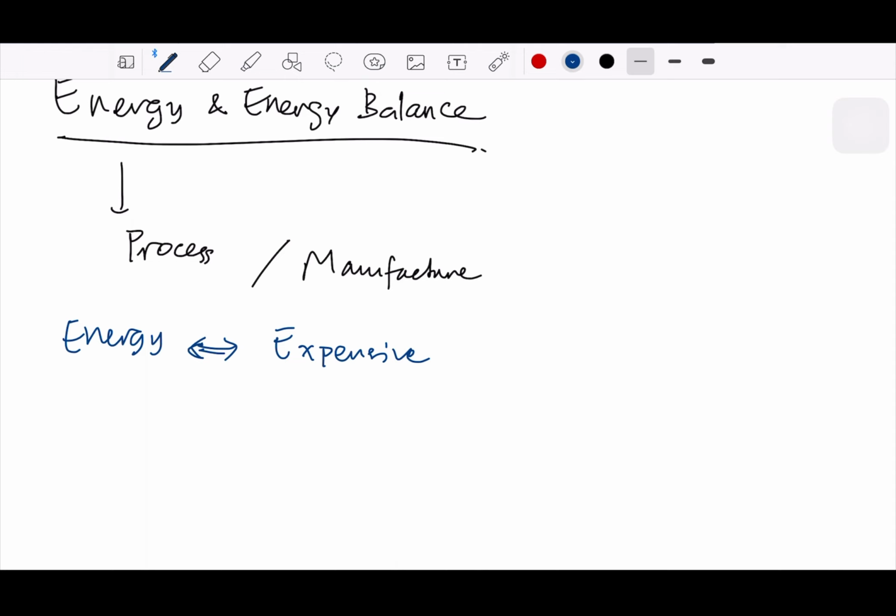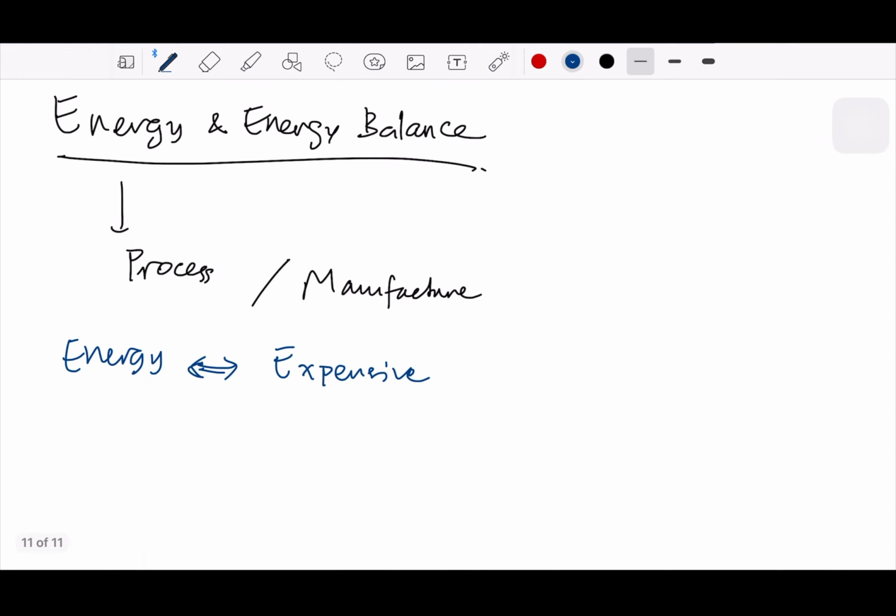And the idea for our talks here is, if we take the stance that energy is expensive, how to make sure that energy is used efficiently.